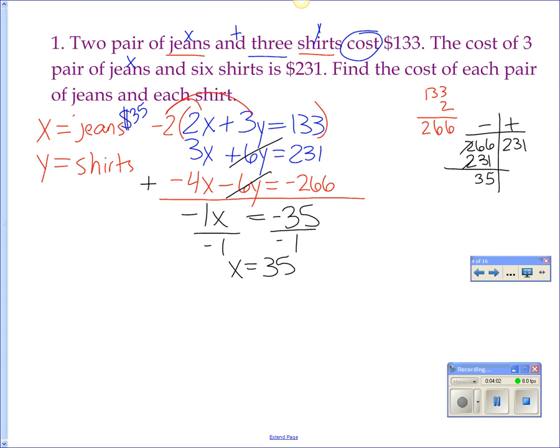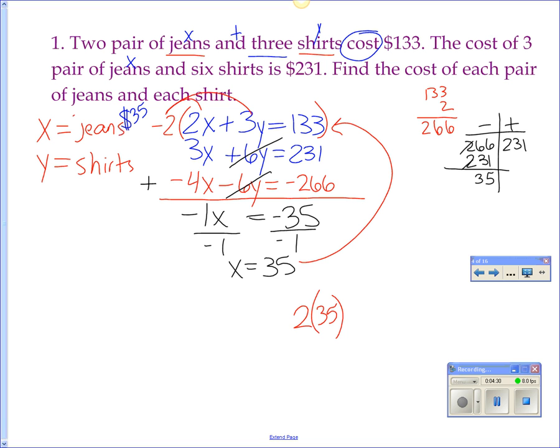Okay, the question said find the cost of each pair of jeans and shirts. So we have to find how much shirts are too. We do the same thing we did yesterday. We got to plug it in. You want to plug it into the top one or the bottom one? Top one. Those numbers are smaller. Okay, so I'm going to write a 2. I know what x is. What's x? So I'll put it in parentheses.